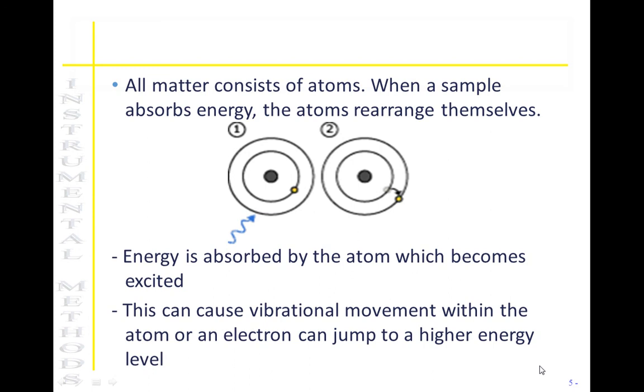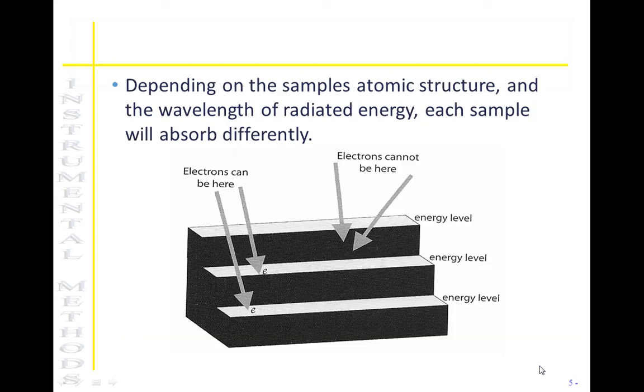Sometimes, depending on the energy that is hitting the matter, it can cause that atom to either just have vibrational movements, or it can cause it to actually move to a separate orbit, like shown in the example. Depending on the sample's atomic structure and the wavelength of radiated energy that is hitting the sample, each sample is going to absorb or react slightly differently.